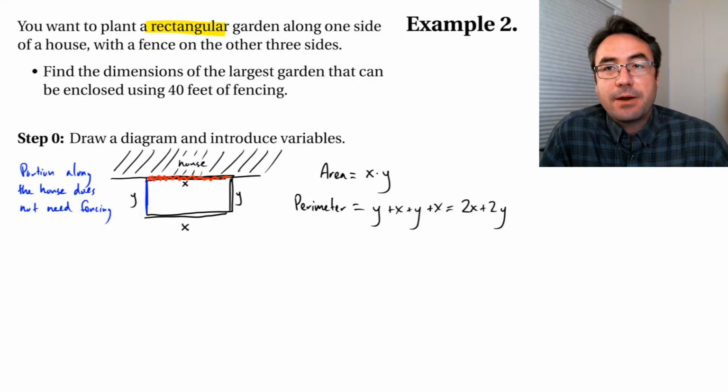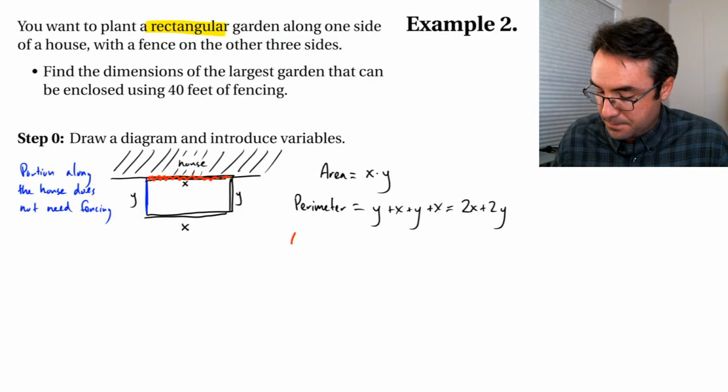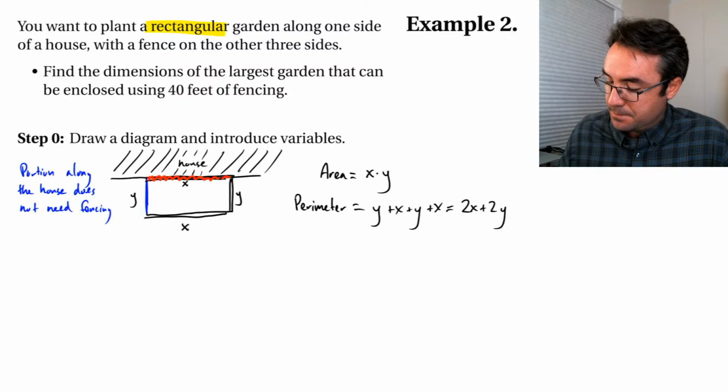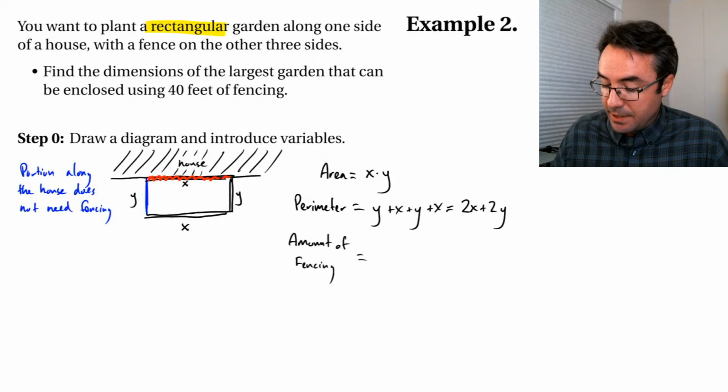So if we wanted to figure out how much fencing we would need, it's going to be similar to a perimeter calculation, but we're just going to be excluding one of the sides. We would need that first side on the left, so we would need a fence for that.